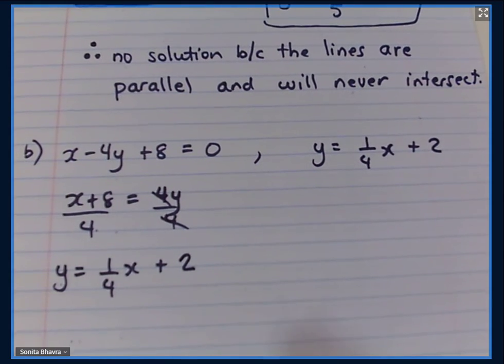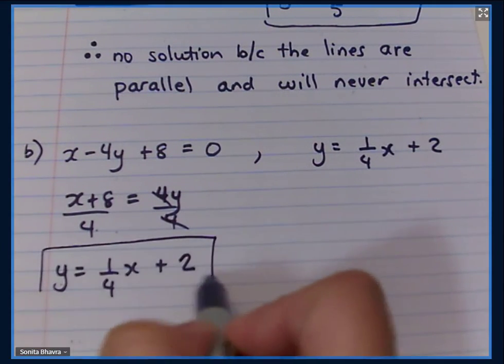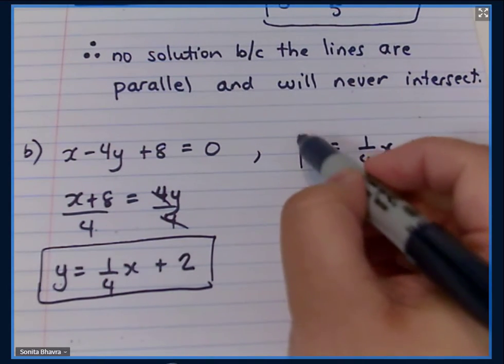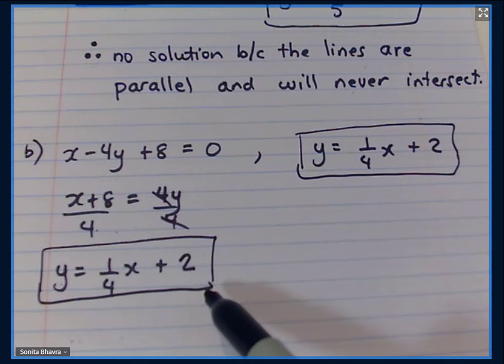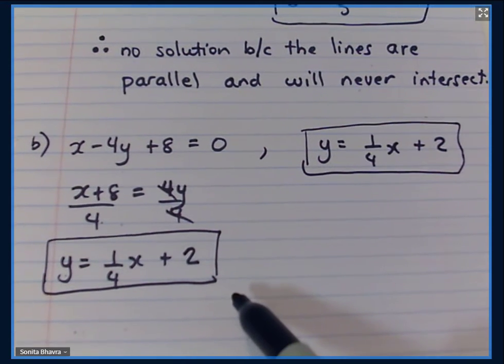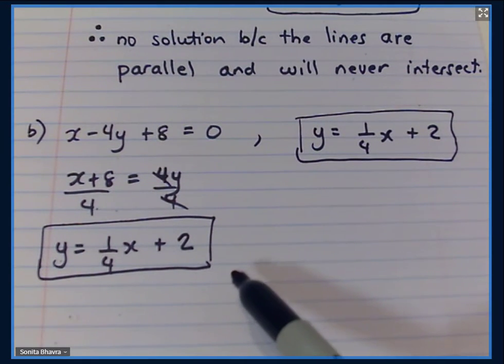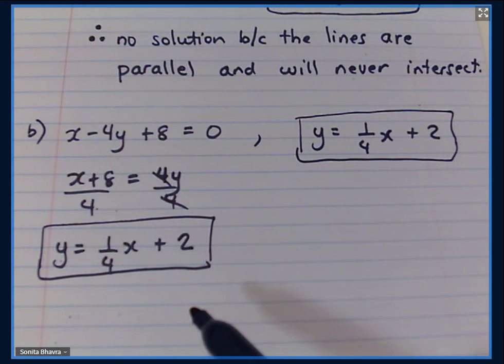All right, so we're looking at two lines. This is our first line, and this is our second line. If we look at these two lines, they are the exact same line. So basically, it's two lines lying on top of each other.